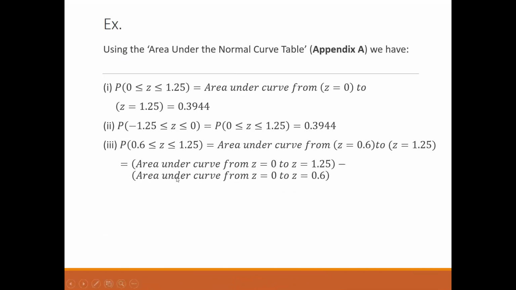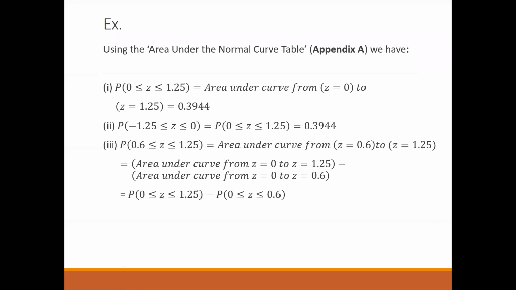So this formula which I have represented here: area under the curve from 0 to 1.25 minus area under the curve from 0 to 0.6. You refer to the table again and write it like this: P(0 ≤ Z ≤ 1.25), that means from 0 to 1.25, minus P(0 ≤ Z ≤ 0.6).